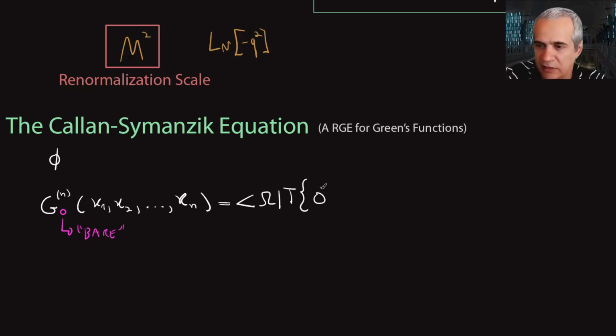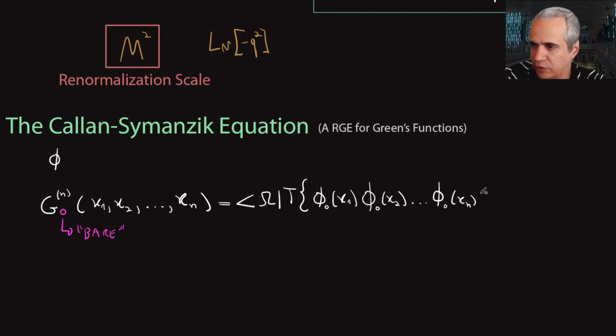And these are also the bare fields, so I put a 0 on the fields themselves to differentiate these from the renormalized field once I redefine it by a factor Z. So we have n insertions of this field in n positions that go from x1 to xn.